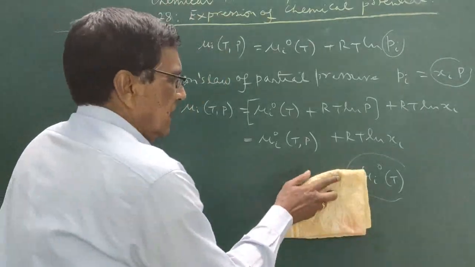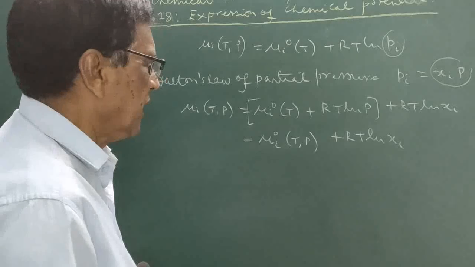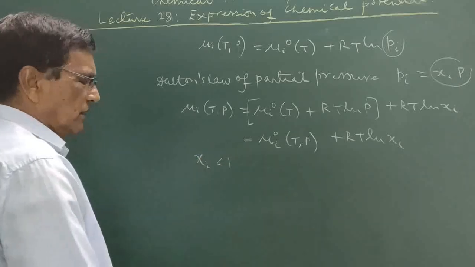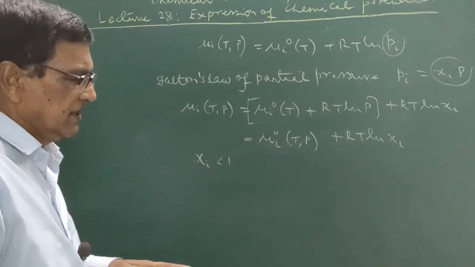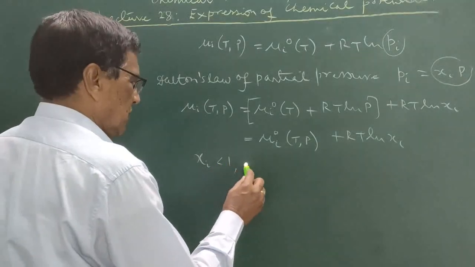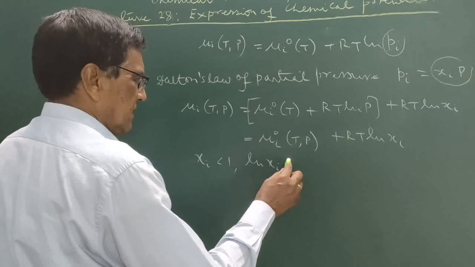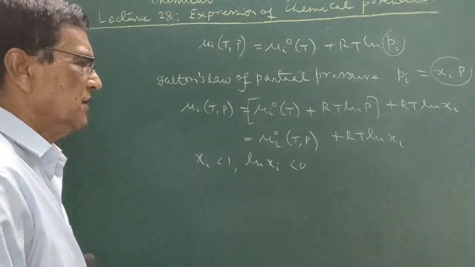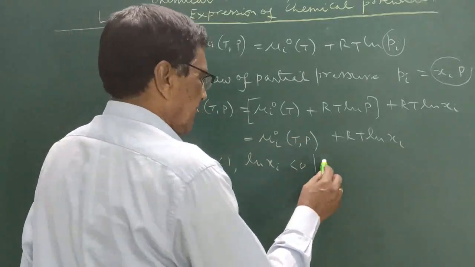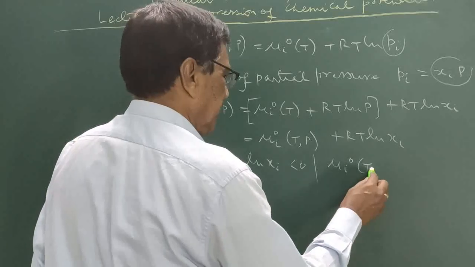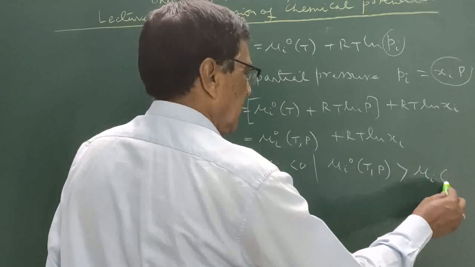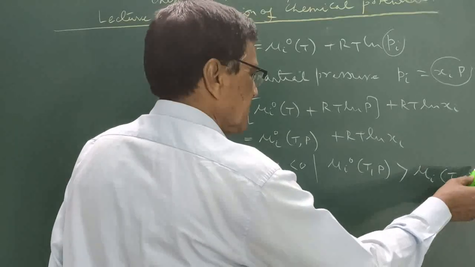From this relation it is quite evident that in a gas mixture Xi is greater than 0 and less than 1. So Xi less than 1 means ln Xi is less than 0, negative. So this term is fully negative, and this mu i naught at a temperature and pressure is greater than mu i at T and P. Very interesting actually.